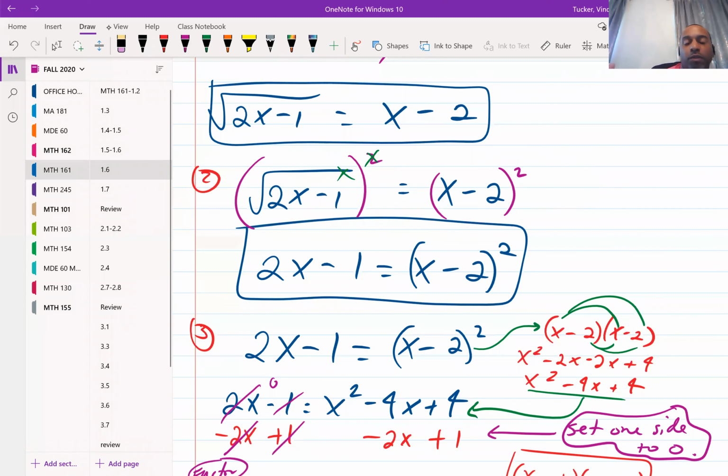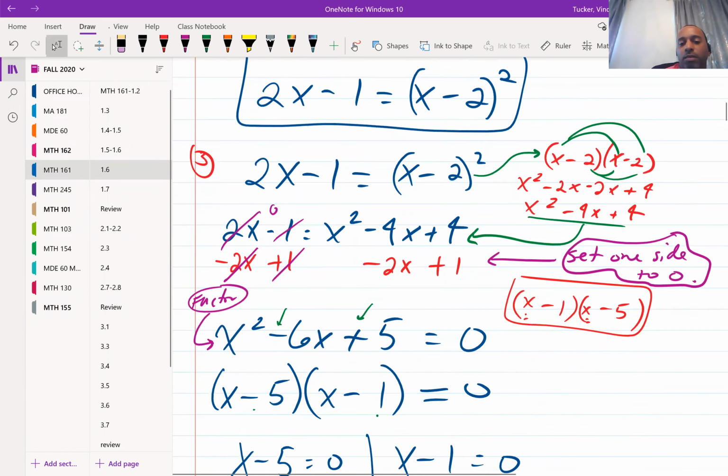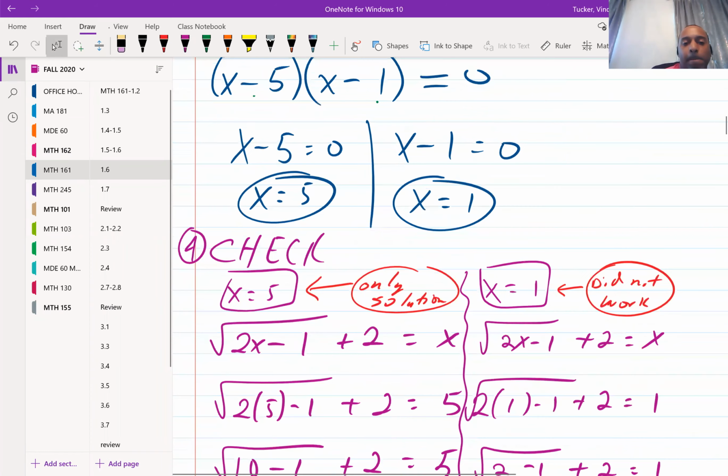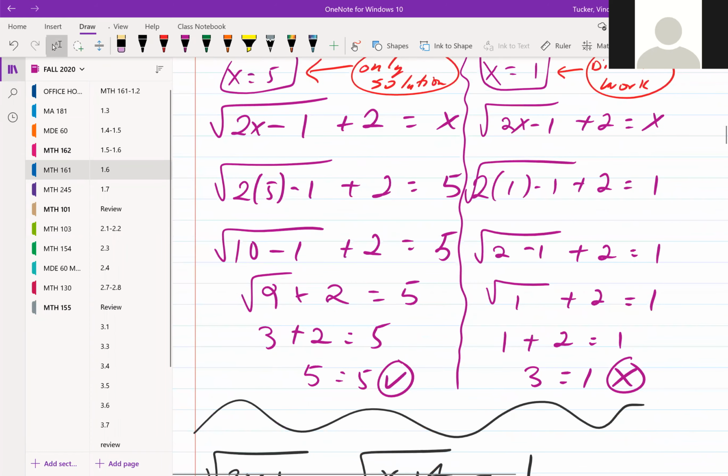So here we raise both sides to the second power. If we were raising both sides to the fourth power, I don't think you guys will get one like that, but as you go throughout your mathematical careers, raising it to an even power normally is what triggers this situation. And not odd powers, just even?